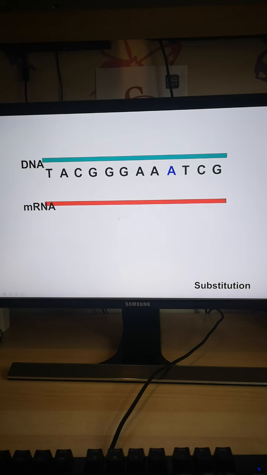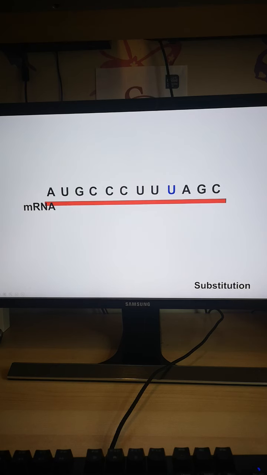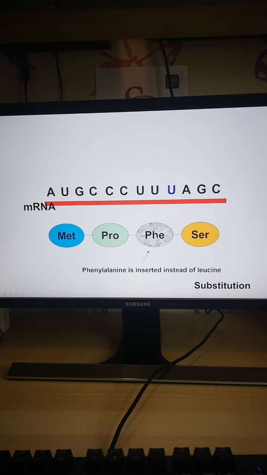So let's have a look what happens to the primary structure of the protein with this mutation. It's a substitution mutation of the final base in the third codon, resulting now in UUU on the mRNA at that position. So we'll still code for the same amino acids at the other positions, but now that change of that one base has, in this case, resulted in a different amino acid.